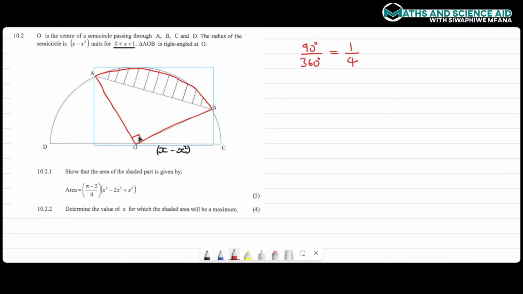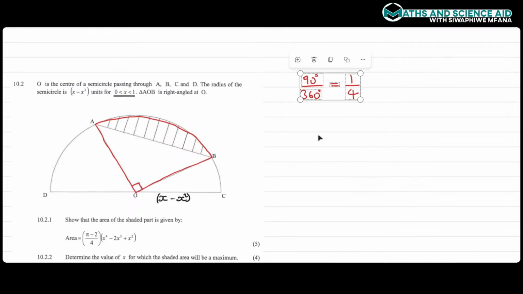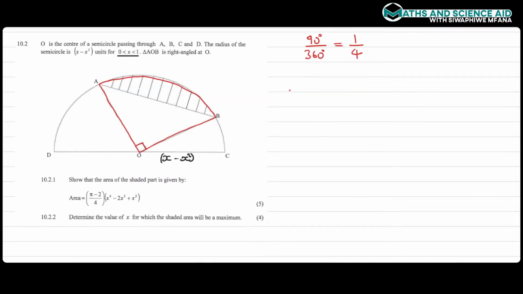So that is very key here. Let me just write here. This means that the segment AOB is 1/4 of a full circle.